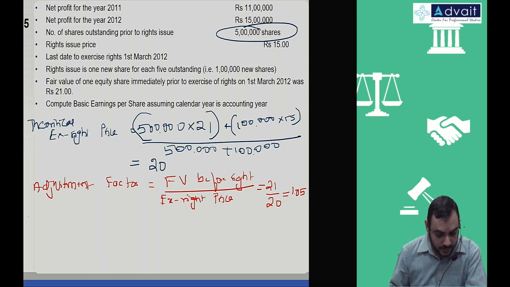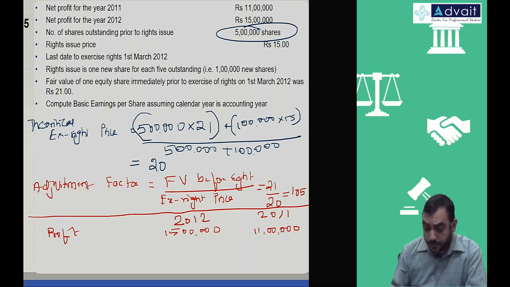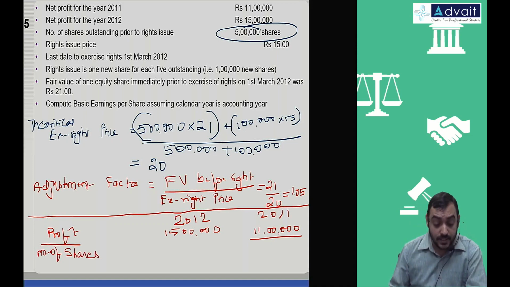This is a calendar year as the accounting year. So I'll do it on a columnar basis, 2012 and 2011. Profit is 15 lakh and 11 lakh, divided by the number of shares. How many shares were there in the previous year?